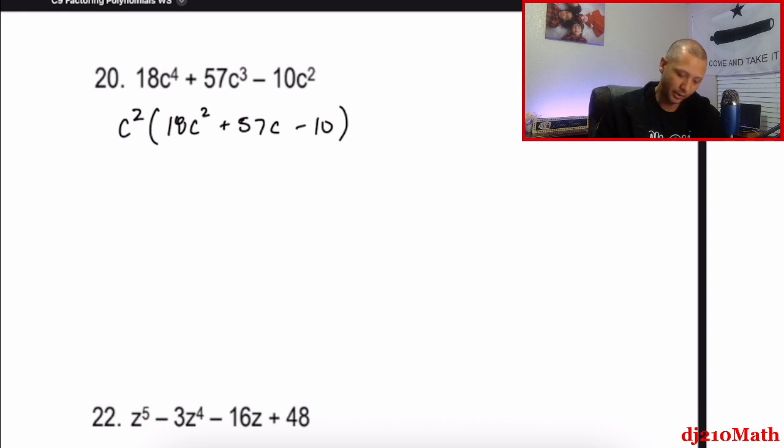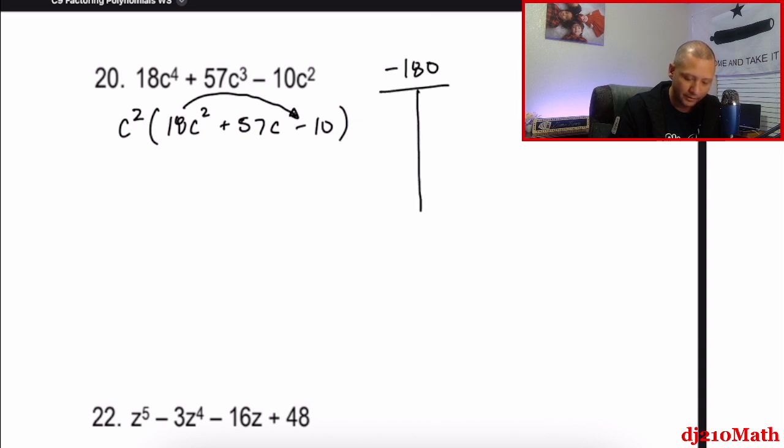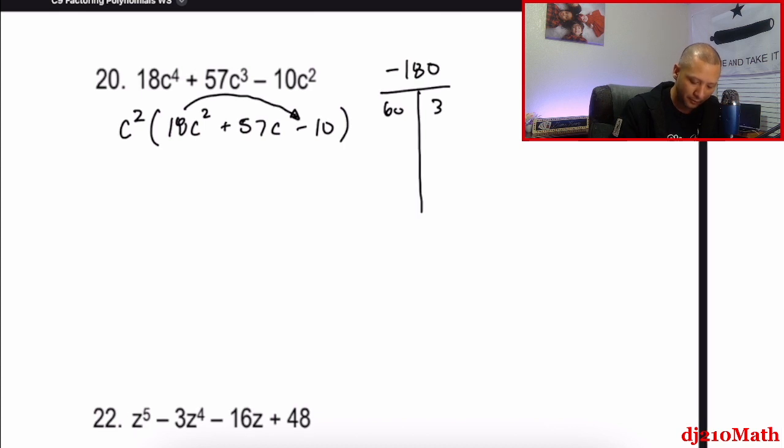Okay, 180, right? 18 times 10. This is negative 180. And we want to make 57. So off the top of my head, 60 and 3, right? That one jumped out at me. 60 and 3 make 180, and 60 and 3 can potentially make a 57. How? Because one of these needs to be negative.